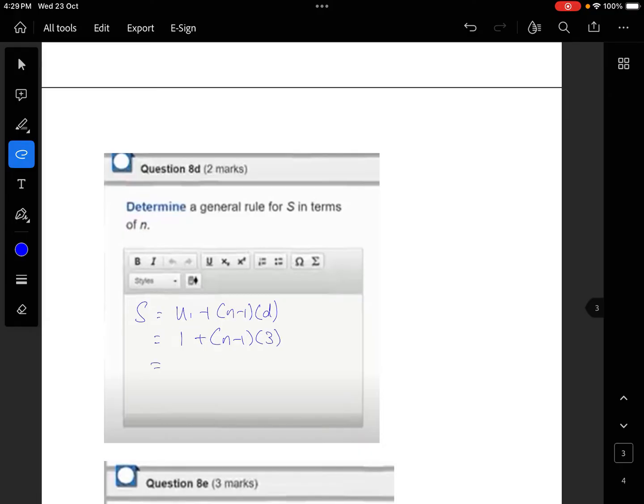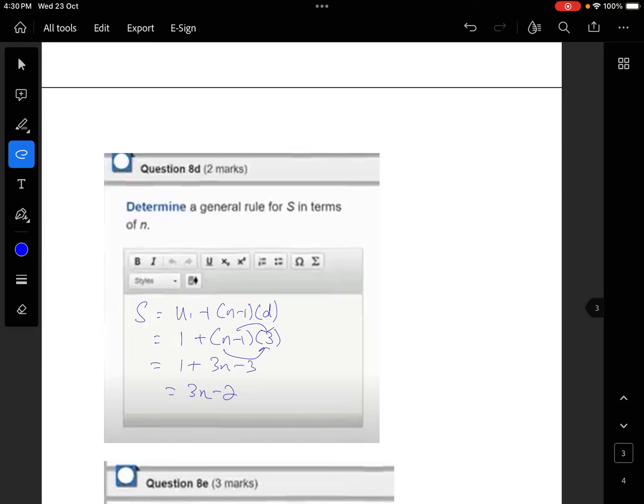I just have to do a bit of expansion, and I should be able to get the answer. I'll take n times 3, and negative 1 times 3 as well, so I get 3n minus 3. So I'm going to get 3n minus 2 for this.